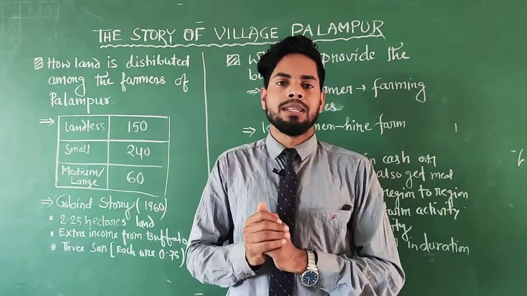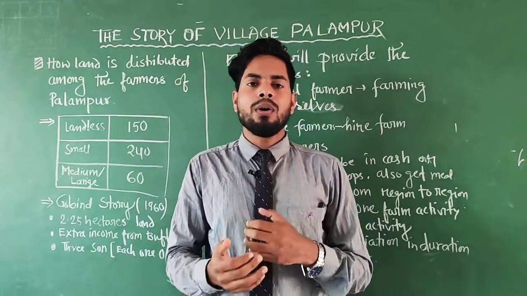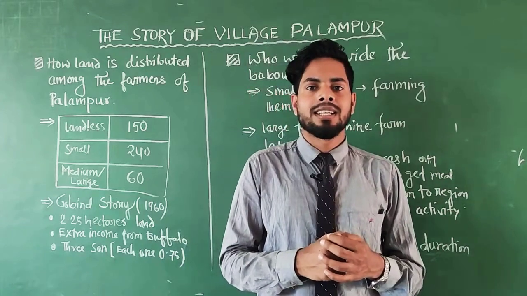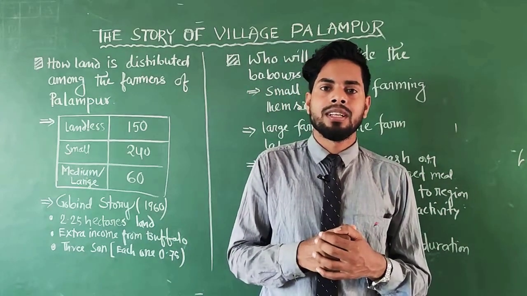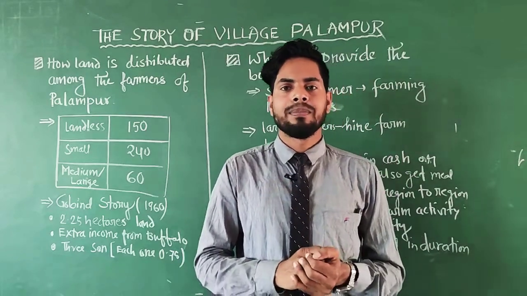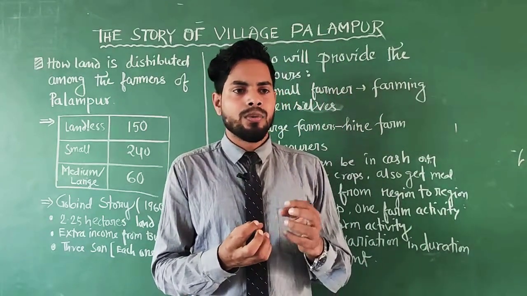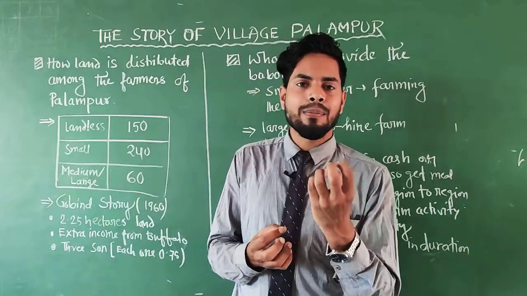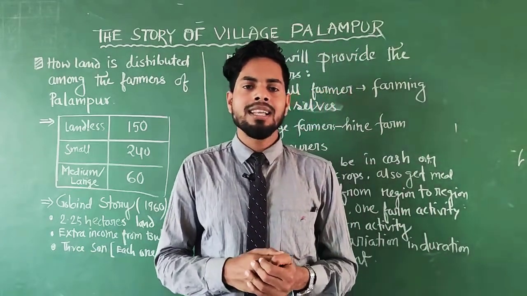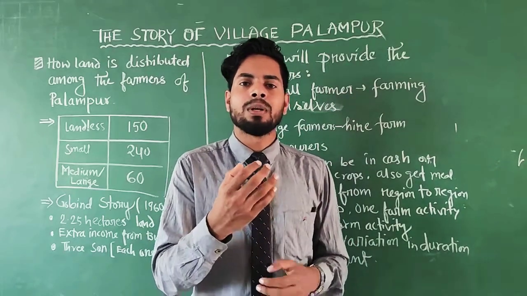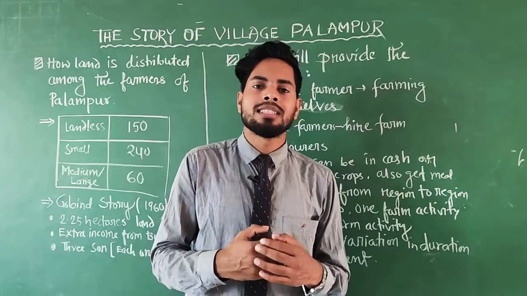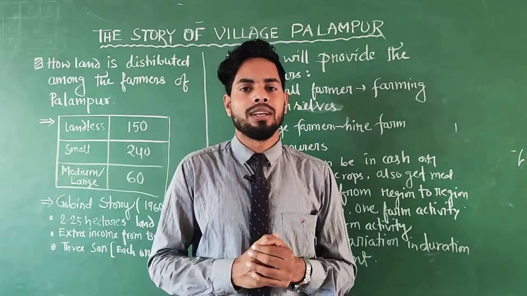And also the duration of employment is different. It may be on a daily basis, or for one seasonal activity like harvesting, threshing or ploughing, or some people get work throughout the whole year.